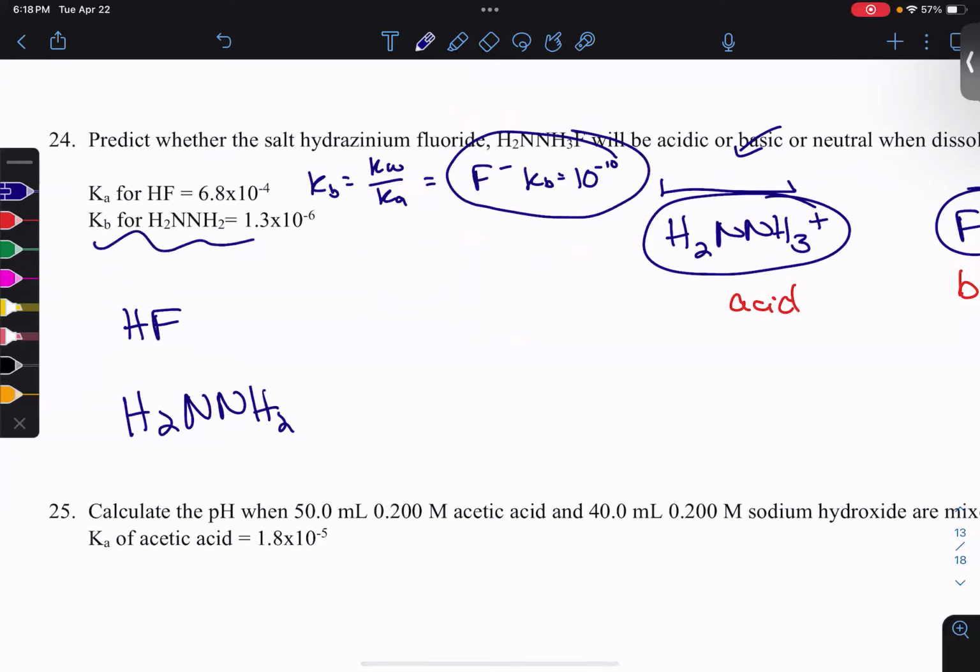Because here's the Kb for this base, but I didn't put that into water. I put its conjugate acid into water. So I need the Ka of that junk. And so the Ka is equal to 10 to the negative what? 8-ish, yes. So tell me, which one is stronger, the acid or the base?